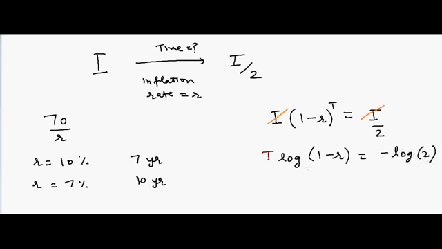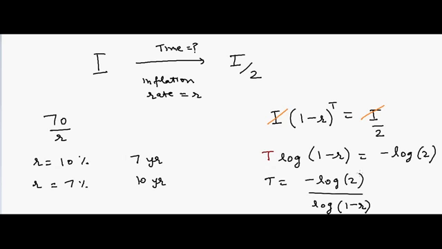So t will be equal to minus log of 2 divided by log of (1 minus r). Instead of doing this complicated calculation, we can use this trick.